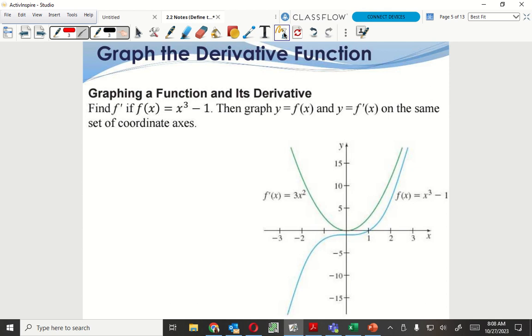So if all those are positive, even though it goes down to 0, they're all positive. So what do you think that's going to tell me about my function? No. Think about it. If the y values of my derivative are always positive, what do you think about the slopes of all my function?